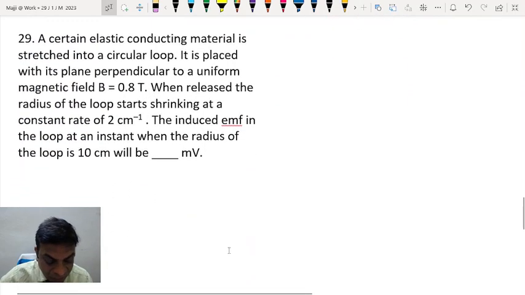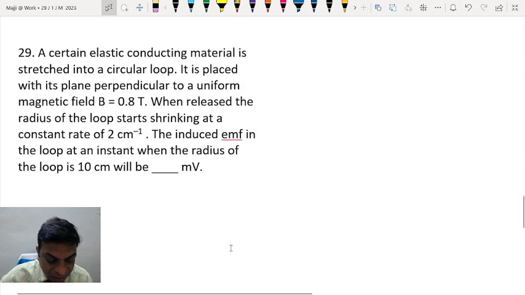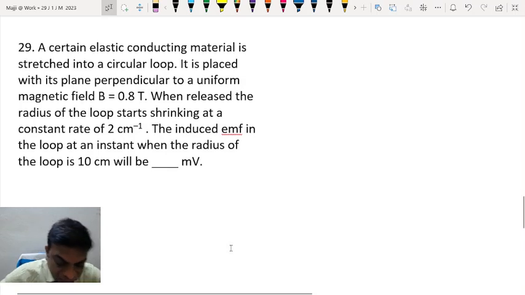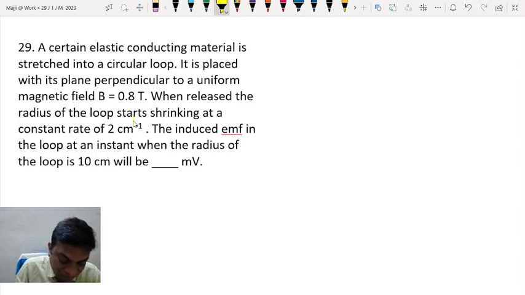Then, coming to the next question. A certain elastic conducting material is stretched into a circular loop. It is placed with its plane perpendicular to a uniform magnetic field. When released, the radius of the loop starts shrinking at a constant rate of 2 centimeters per second. The induced EMF in the loop at an instant when the radius of the loop is this.